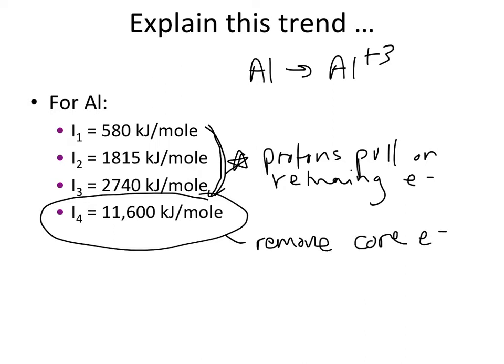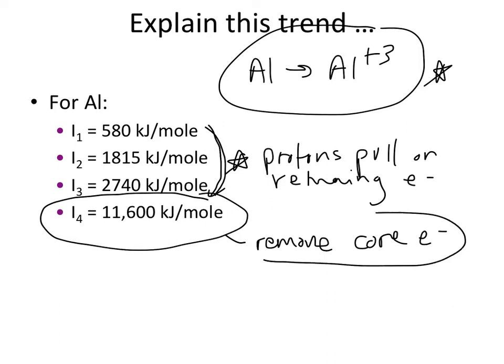Remember, the first three electrons that are being removed, aluminum wants to do this. It wants to gain an electron configuration that is similar to or the same as its nearest noble gas. This is what all of the elements are doing in terms of reactivity. Now, when we go to remove those core electrons, we're disturbing the stability of having that full shell. So that's why this fourth electron has such a large jump and a large gap from the third.